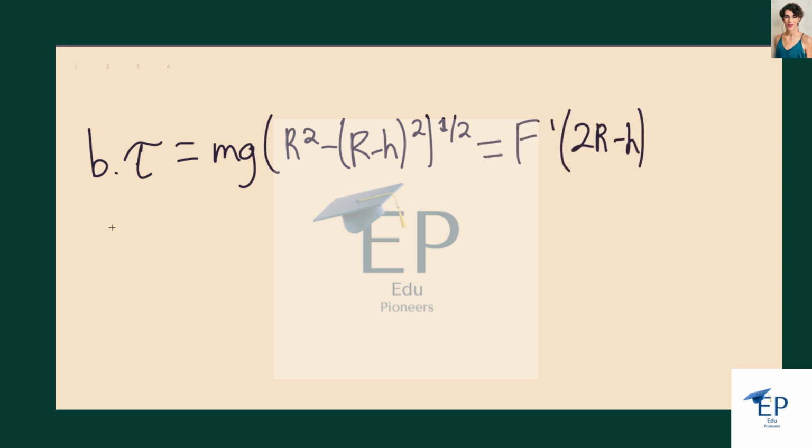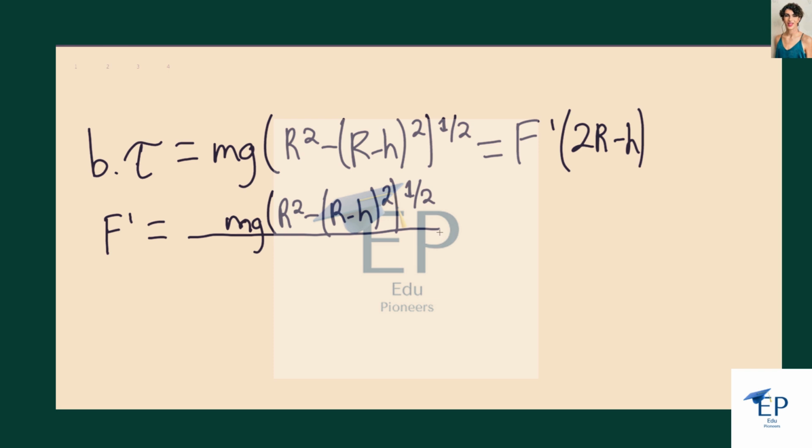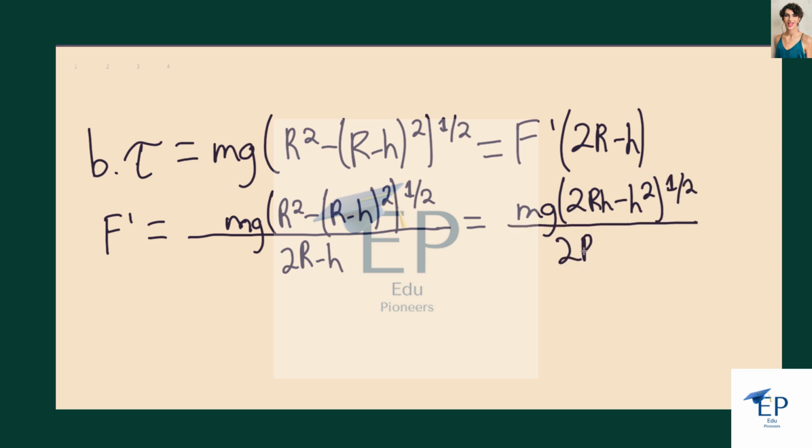And so F prime is going to be equal to mg times (R squared minus (R minus h) squared) to the 1/2 power once again, divided by (2R minus h), and again this equals mg times (2Rh minus h squared) to the 1/2 power divided by (2R minus h). This is for the top of the wheel.